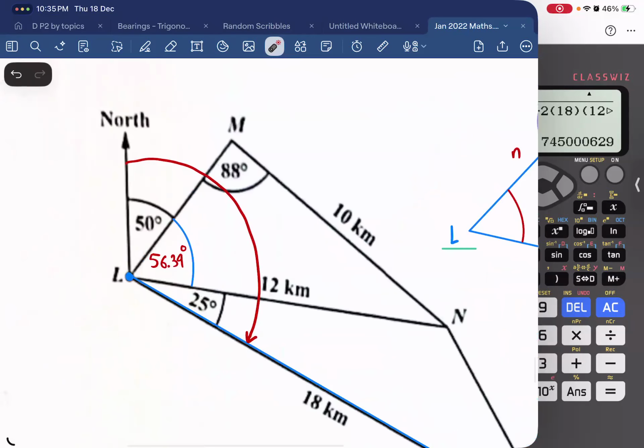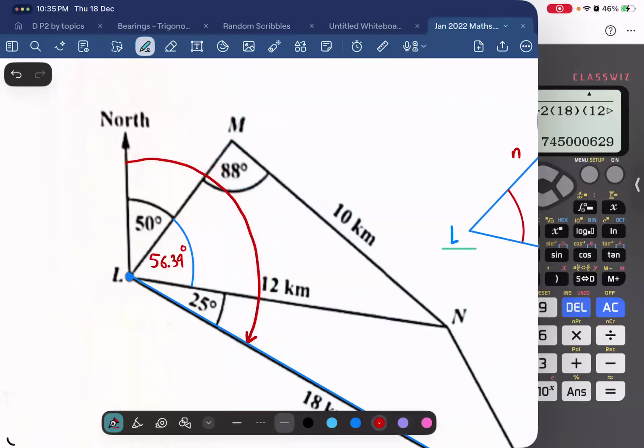We know this is 50, we know this is 56.39, and we know this is 25. Would it be hard to figure out the entire thing? Yes or no? No. How would I figure out the bearing?